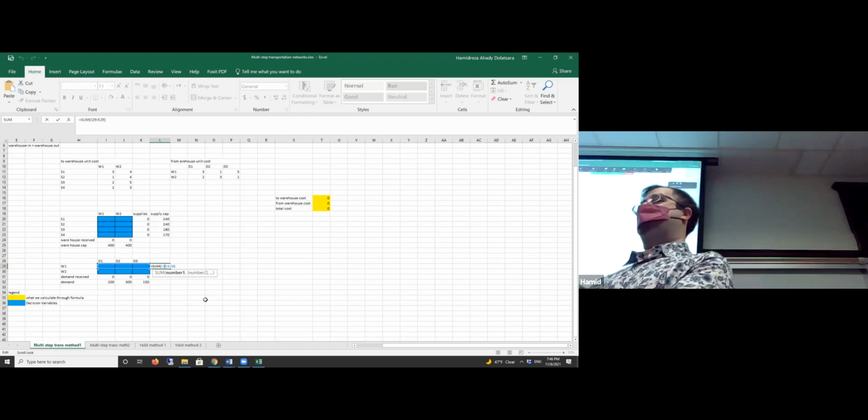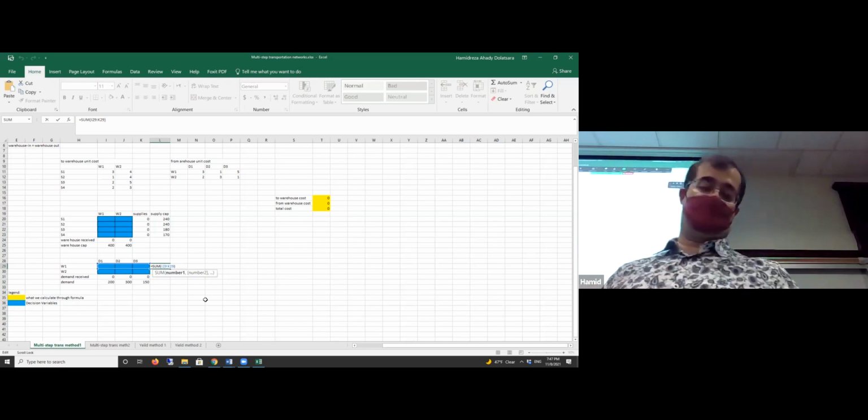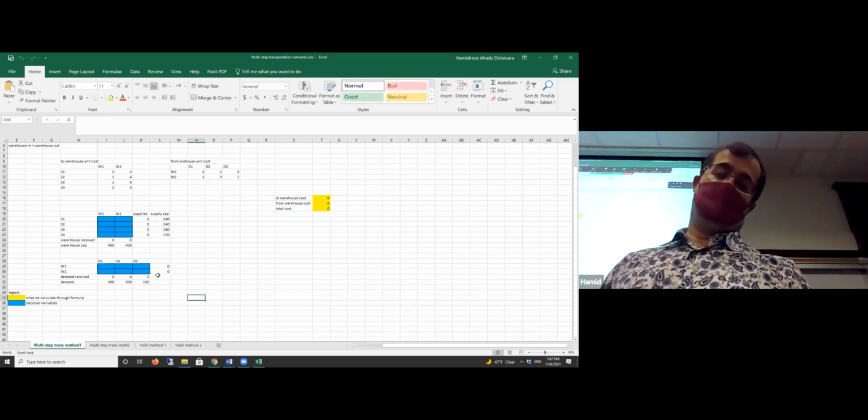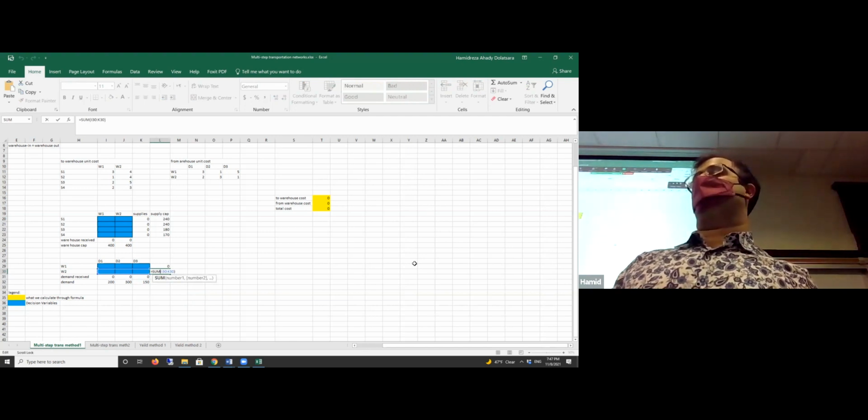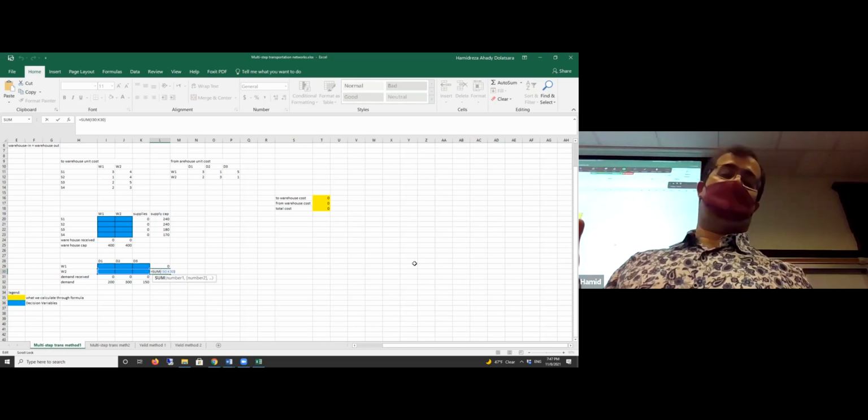Later, I check that whatever went out of my warehouse should be less than 400 because it's the capacity of my warehouse. Same for warehouse 2. This summation, or the formula that you click on, takes care of whatever you send from the second warehouse to destinations 1, 2, and 3.